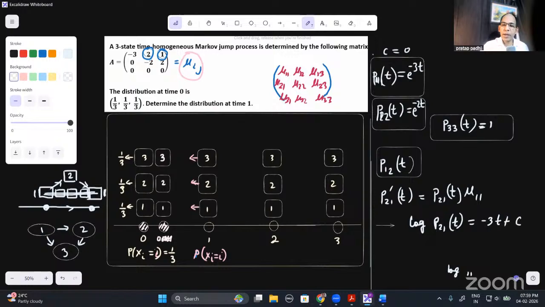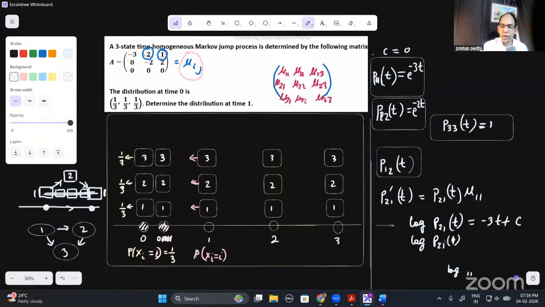So what will happen here is, if you put the boundary condition P21(0): in 0 time, can you go from 2 to 1? No, in 0 time you can't go. So this will be 0. Log 1 will be 0. This is a probability, right?